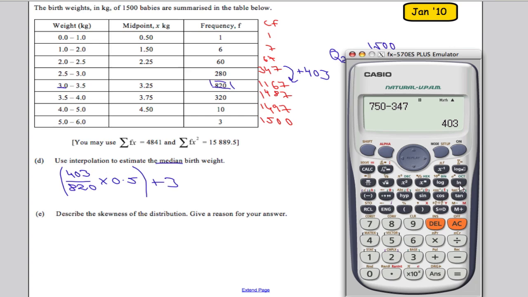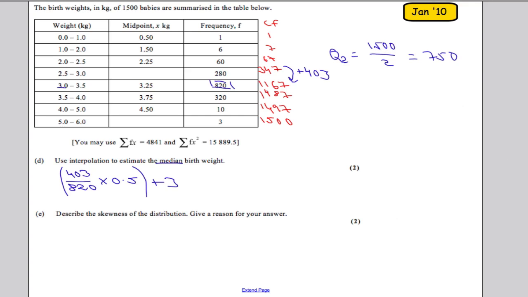So taking out our calculator, we're going to do 403 over 820, multiply by 0.5, and then add on the lowest bound, gives us 3.25 to three significant figures. So that's the median.